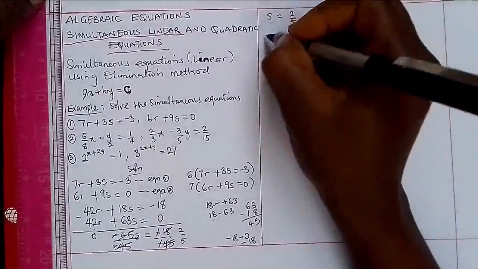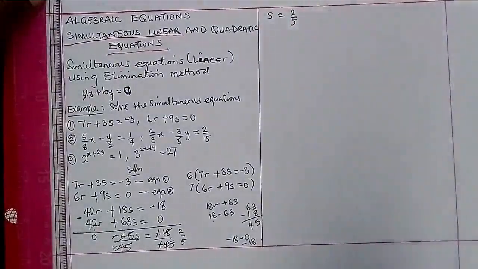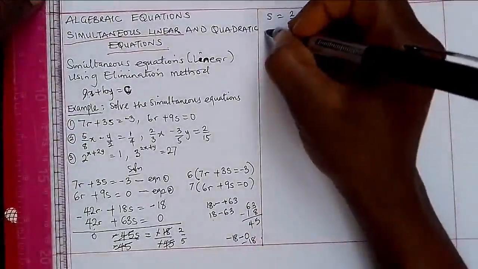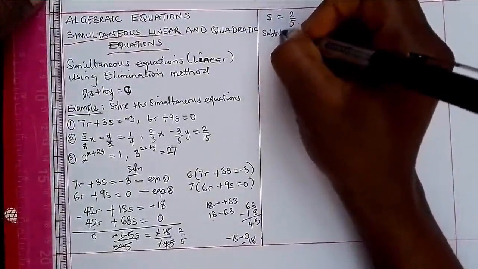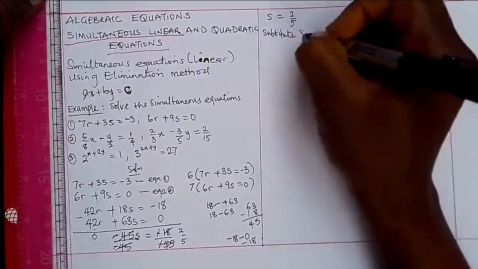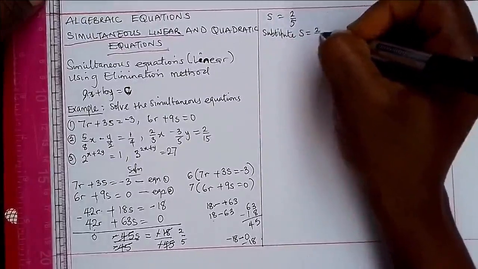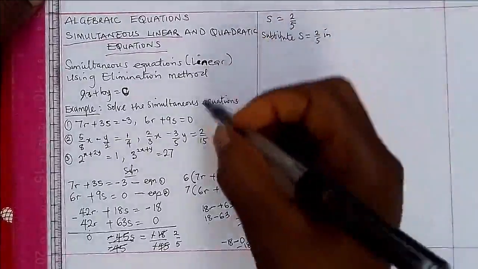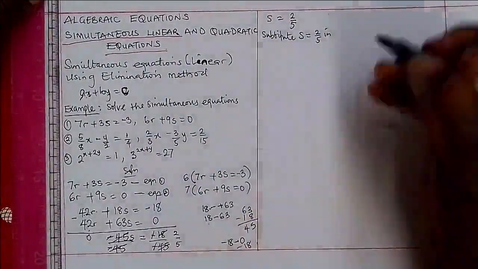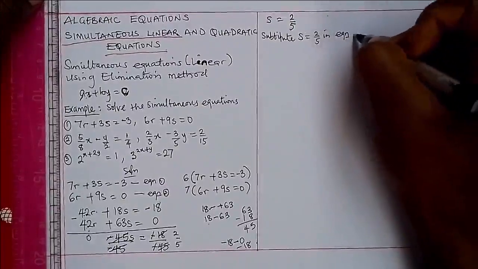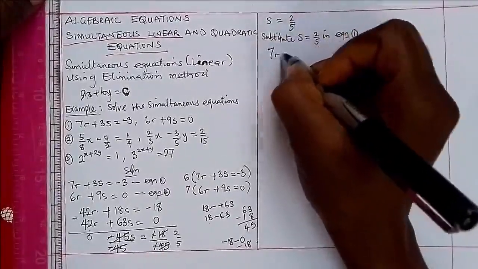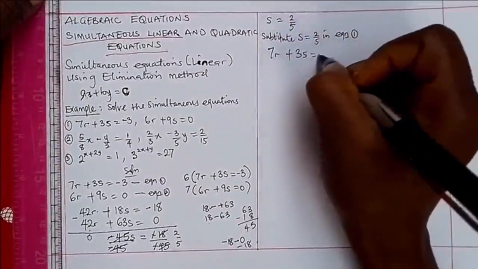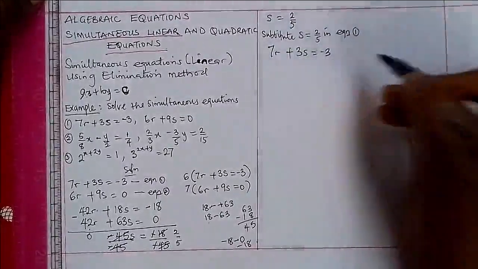Now, if s is 2 over 5, for us to get our r, we substitute s equal to 2 over 5 into any equation. Let's pick the first one, equation 1: 7r plus 3s is equal to minus 3. Where we see s, we input it.